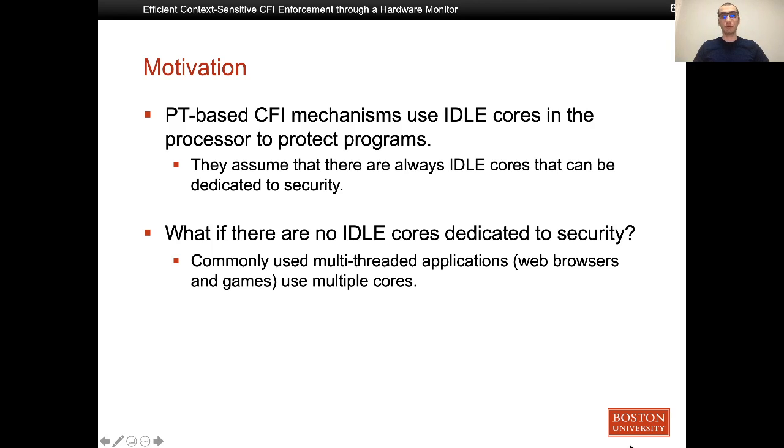We know that commonly used multi-threaded applications, such as web browsers and games, actually use multiple cores in the processors. Therefore, the assumption of finding idle cores every single time when enforcing a CFI policy may not actually be true.